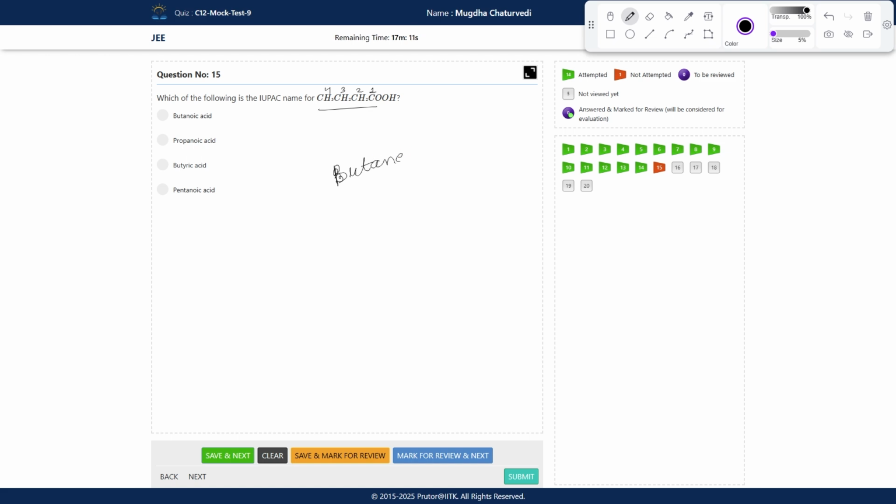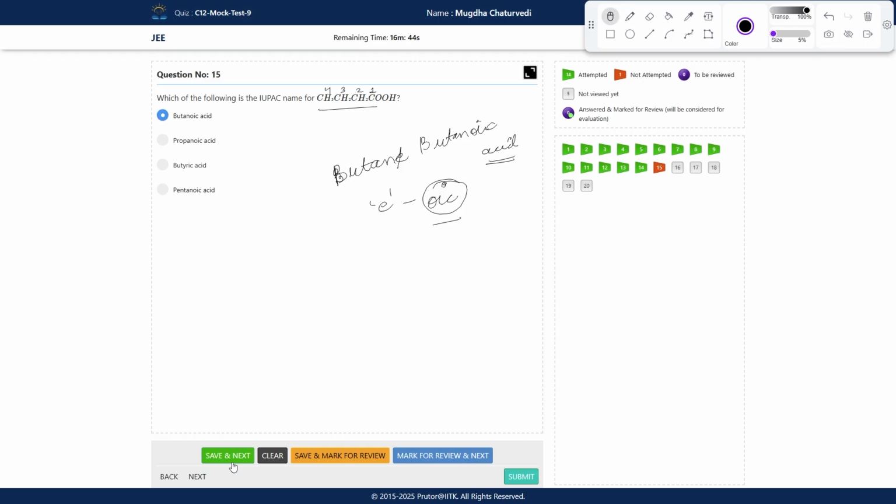When we are naming a carboxylic acid, the E of alkane is replaced by oic. So the correct answer will be butanoic acid. Remember, whenever you are naming a carboxylic acid, the E of butane is replaced by oic. So the correct option will be butanoic acid.